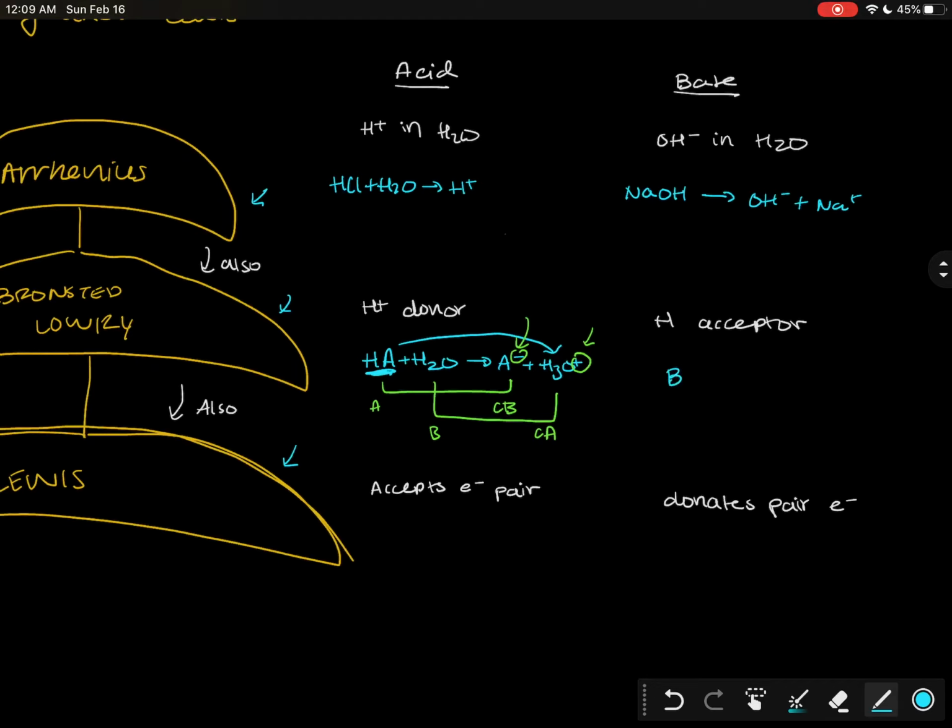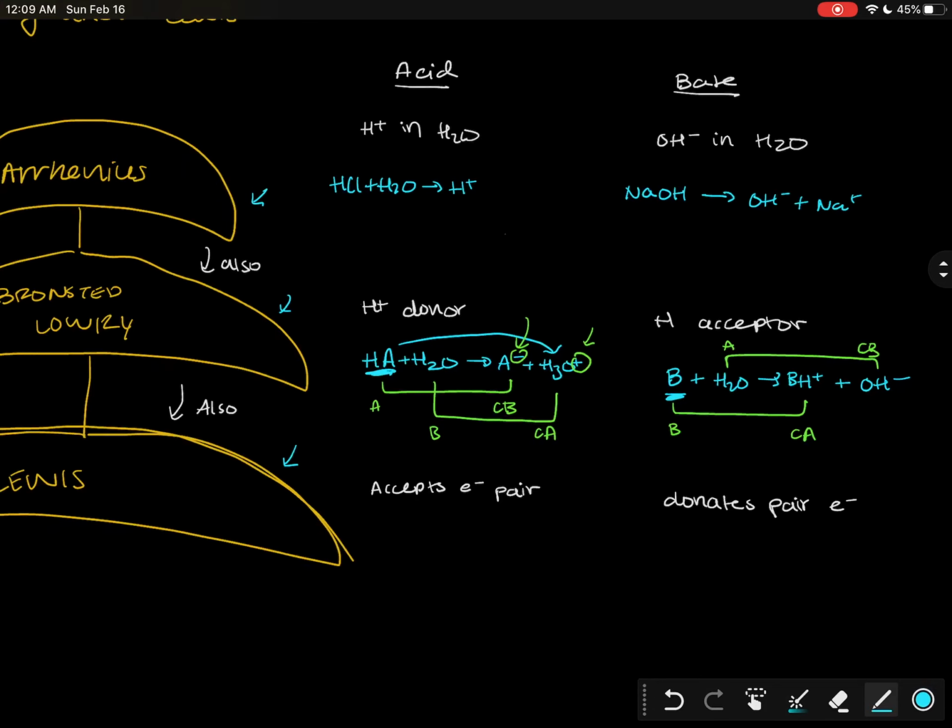So we could say it's base plus H2O goes to BH+ plus OH-. So as we can see here, this is accepting a hydrogen. So this is our base, the conjugate acid, and conjugate base.